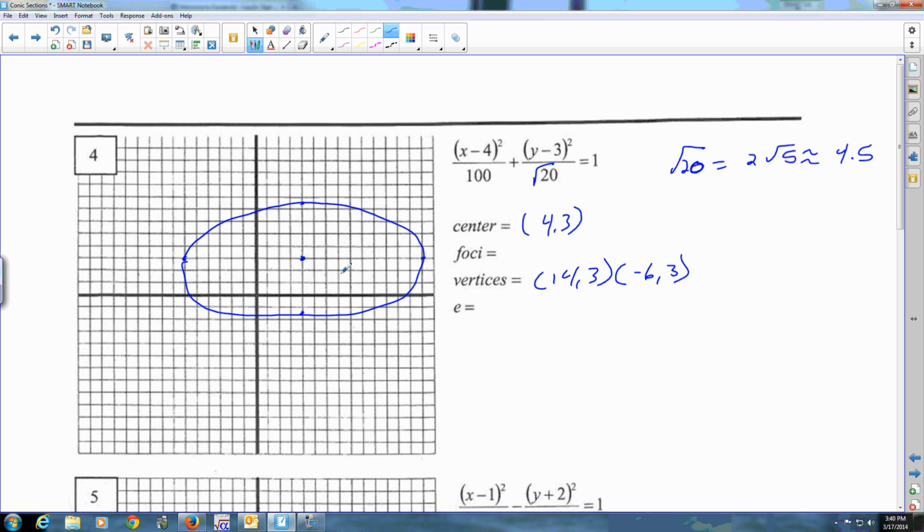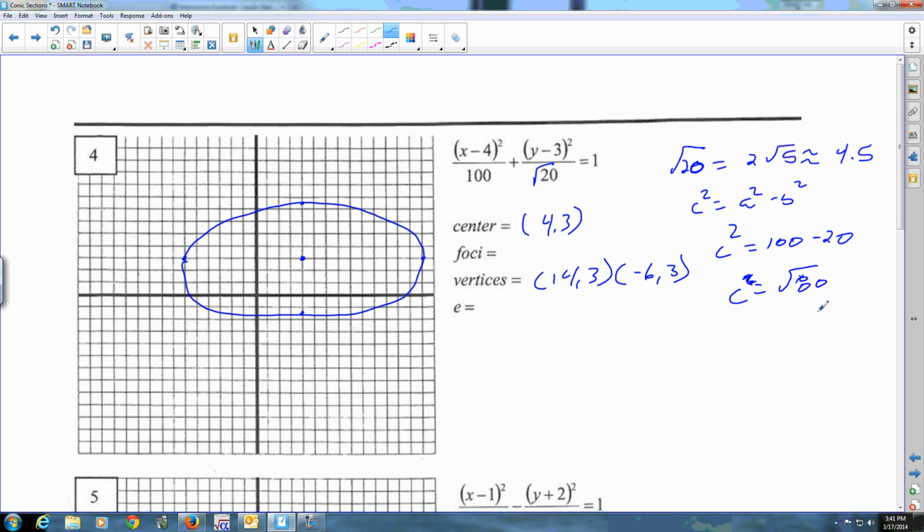And there you go. Okay, a little bit flat there and there, but we got the general idea going on here. Okay, the foci are going to be in the x direction. To get them, I would go c squared is a squared minus b squared. You just have to remember that you're taking the larger number first. So that would be 100 minus 20. So c squared is, c is going to be the square root of 80.